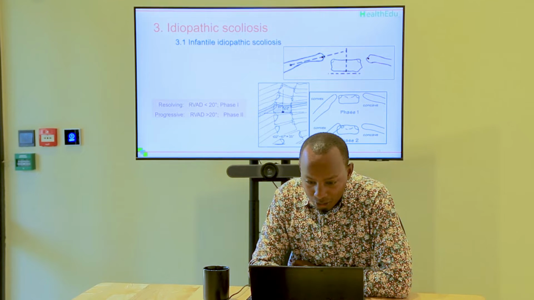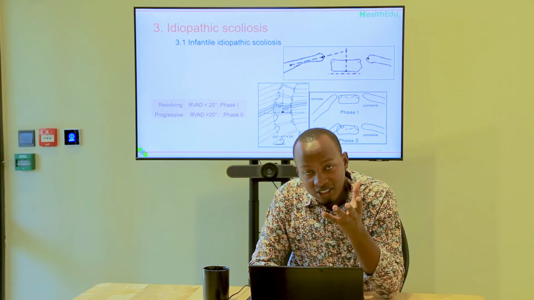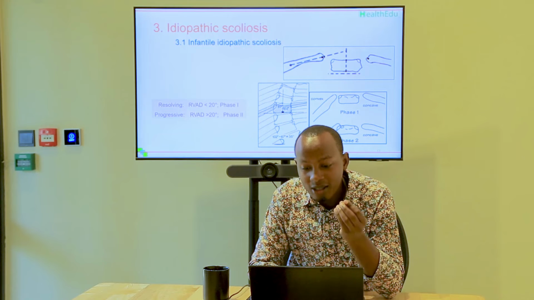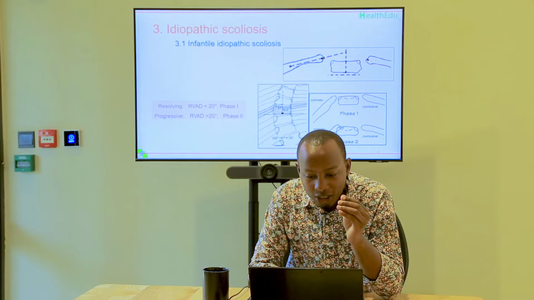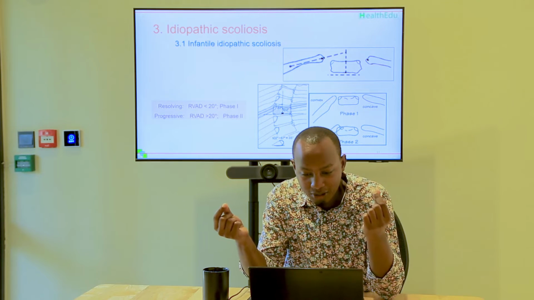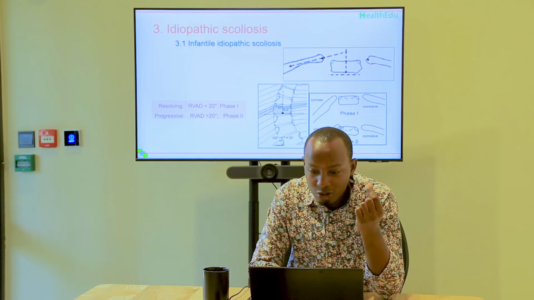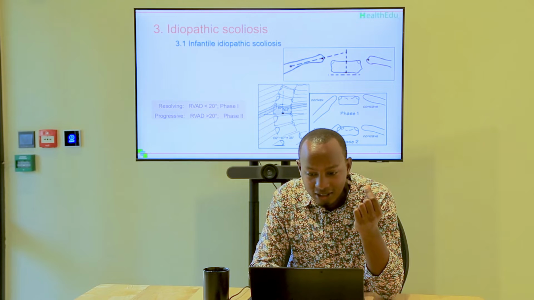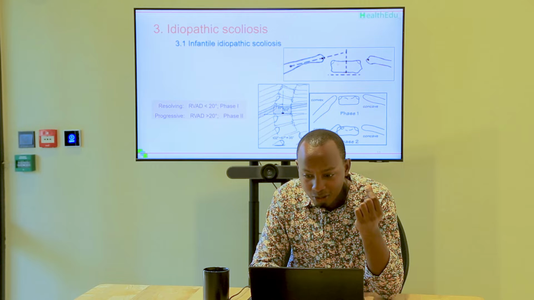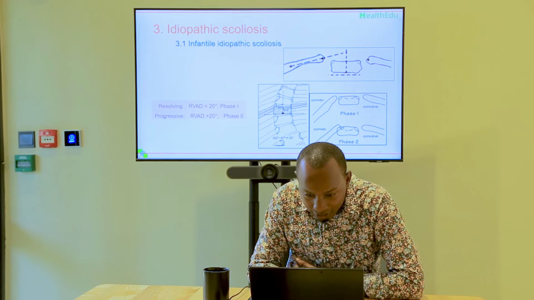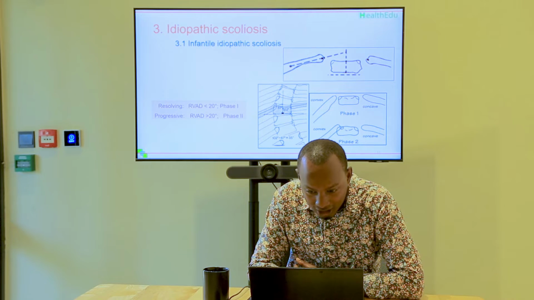From the apical vertebra, we will understand what an apical vertebra is. You identify it, and then you also have to locate the ribs from that apical vertebra. You measure a line in the center of it and another line on the other side, and you bisect from the end plate of that apical vertebra.